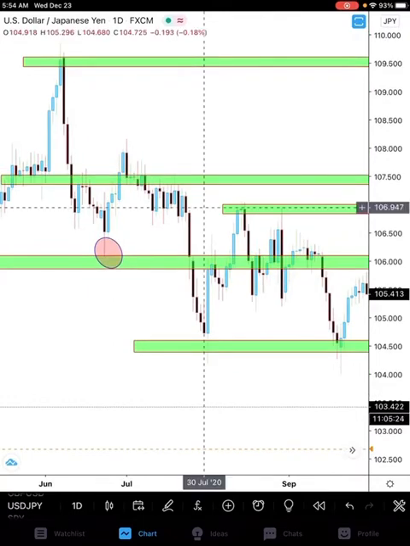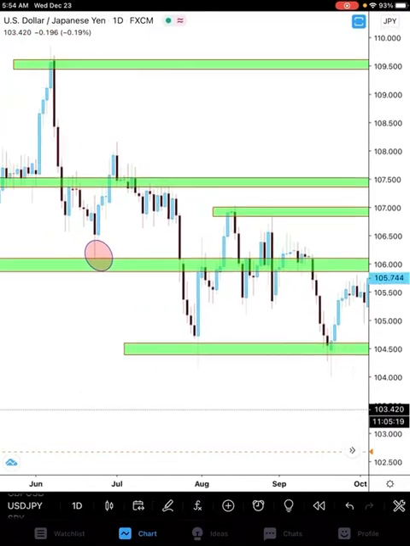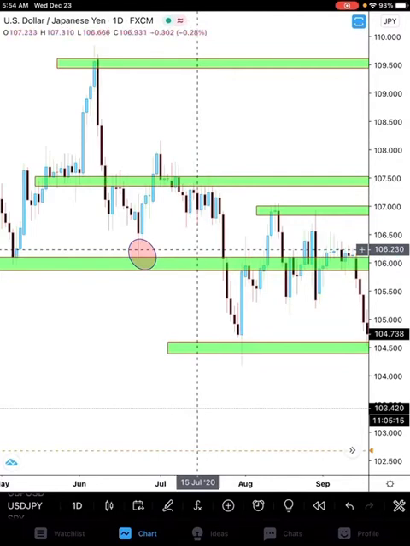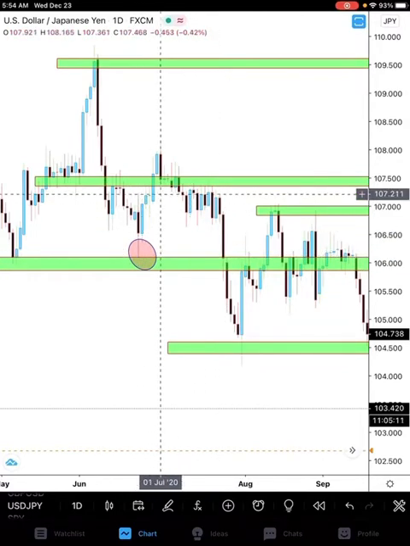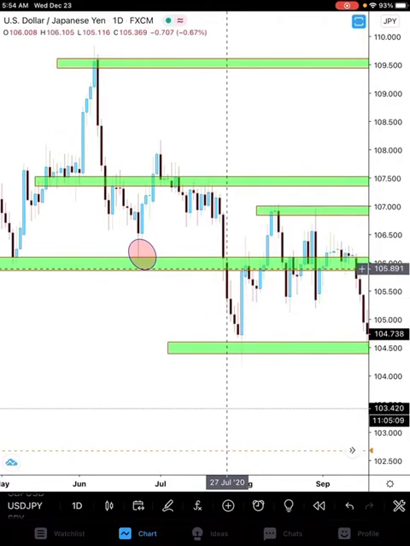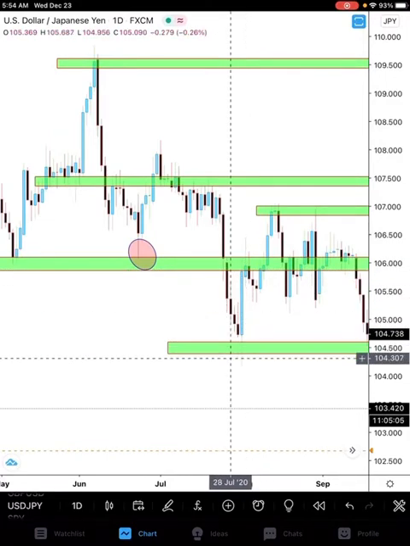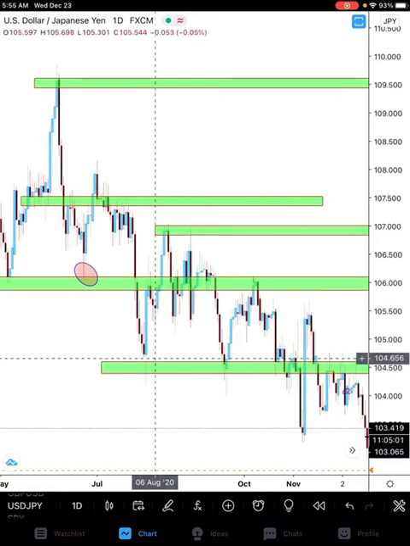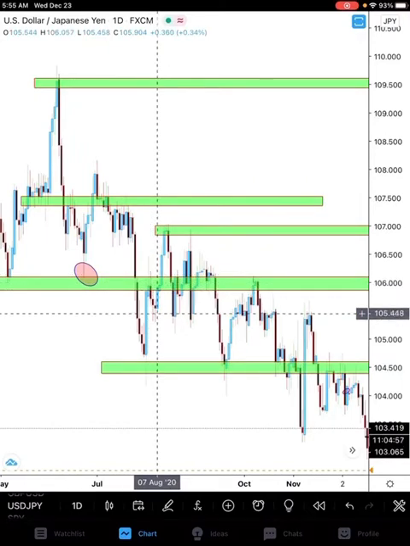I'm sure you guys got it. Another clear example here: broken support. See where it found support here a few weeks ago? It took time to finally break. Once it broke, it sold off, then came back down to another zone, found support, bought up, hit resistance, sold off a little bit, bought up.